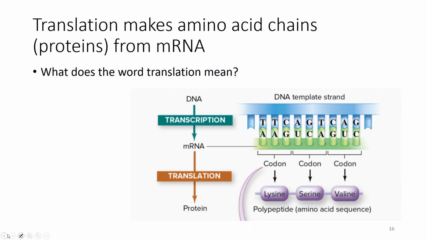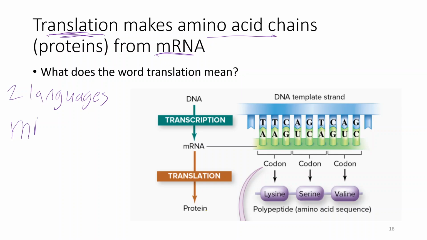It's not going to become a protein, but the information on the mRNA is going to become a protein. So translation is the process of making an amino acid chain from mRNA. And we can think about this like translating a language. There are two languages here. The language of mRNA is nucleotides.